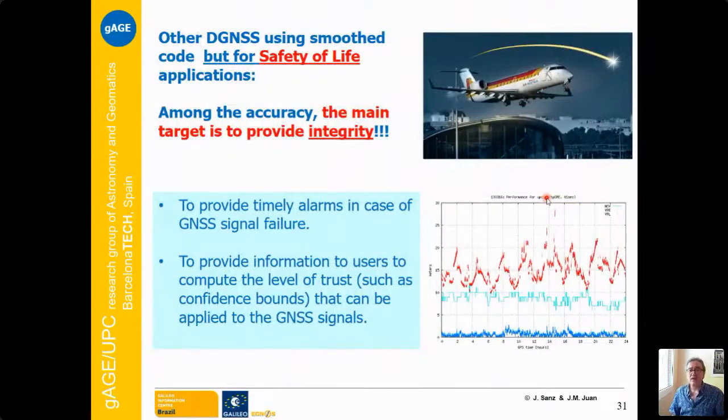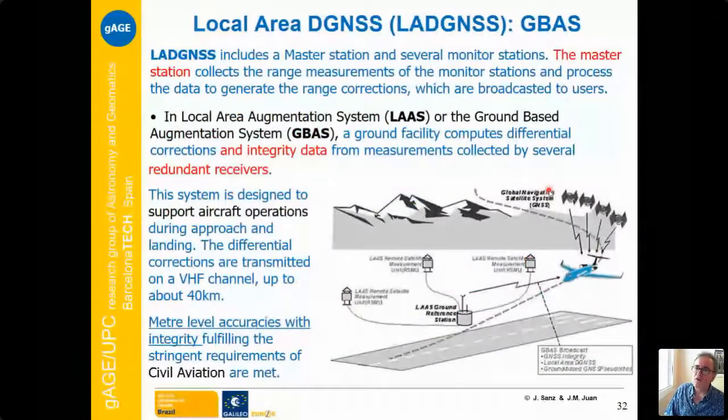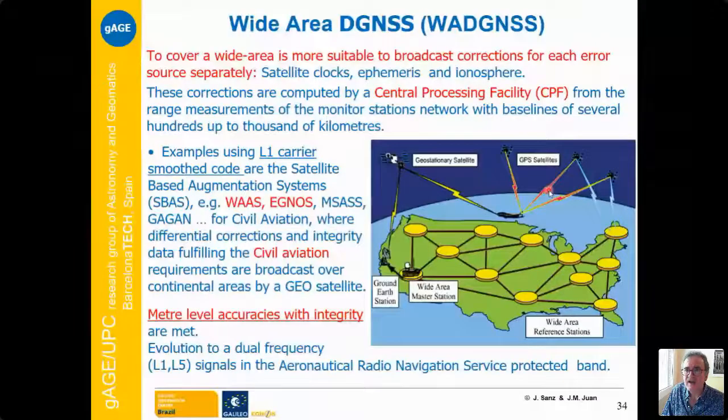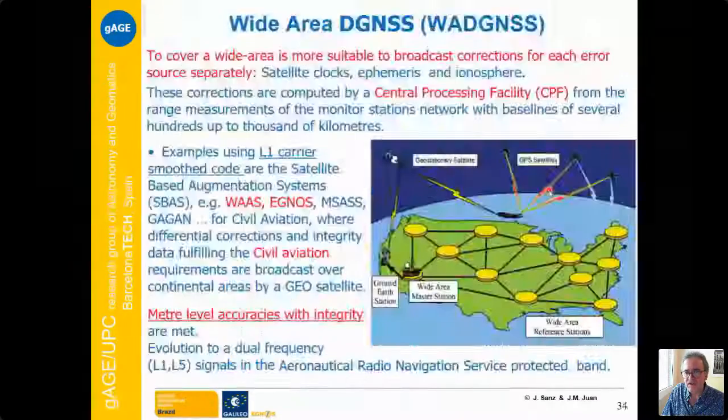Well, other differential GNSS using a smoothed code are the safety of life applications. I mean the ground-based augmentation systems and satellite-based augmentation systems.